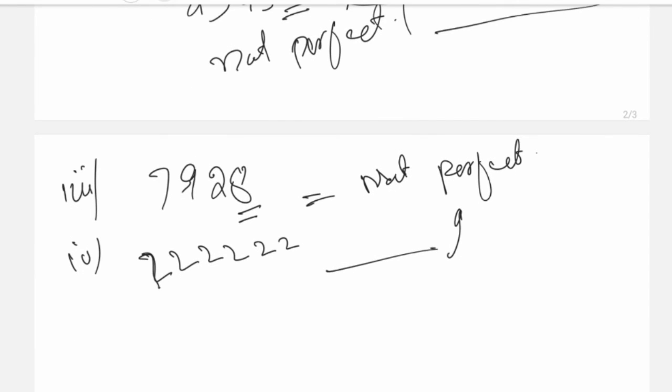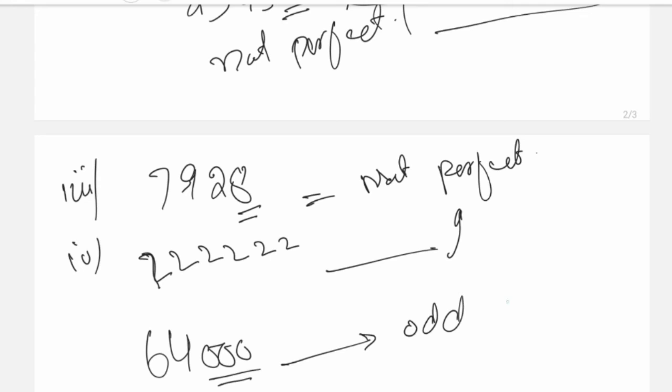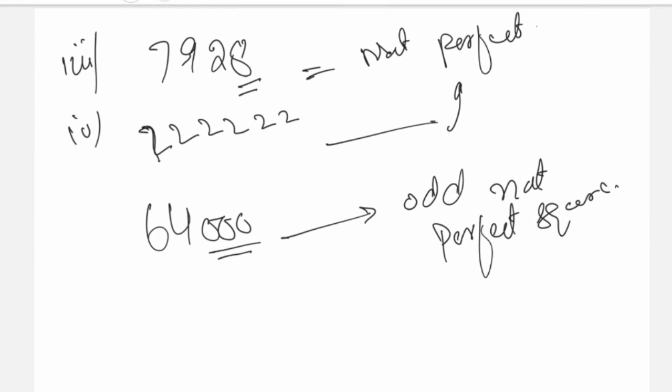Again, this one is 64000. I'm taking all these questions from a book. So 3 zeros is an odd number of zeros, so it's not a perfect square. Because it's an odd number of zeros, it's not a perfect square.